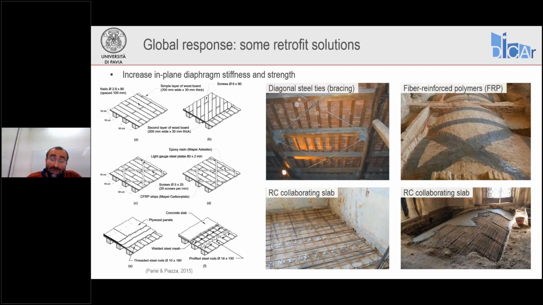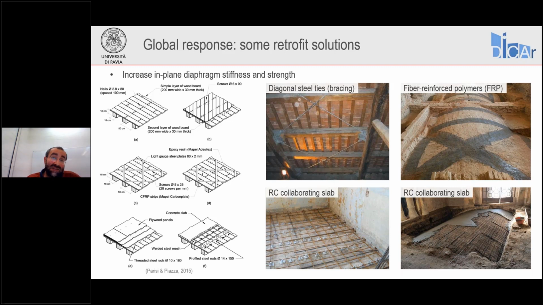We may also improve the stiffness and strength of the diaphragms, and there are several techniques depending on the type of diaphragm. For example, for timber diaphragms, we can add some additional timber overlays. We can increase the number of nails. We can add steel or composite strips or braces.